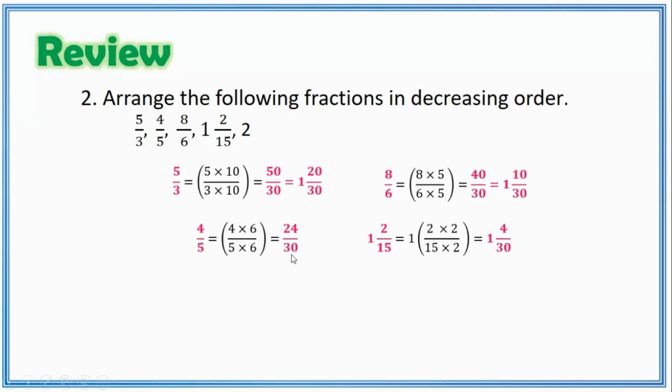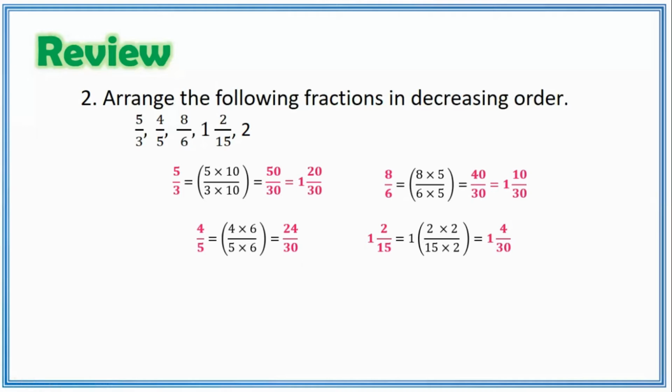So 4 out of 5 is equal to 24 out of 30. 8 out of 6 must be multiplied by 5 out of 5. 8 times 5 is equal to 40, and 6 times 5 is equal to 30. 40 out of 30 is equal to 1 and 10 out of 30. So 8 out of 6 is equal to 1 and 10 out of 30.